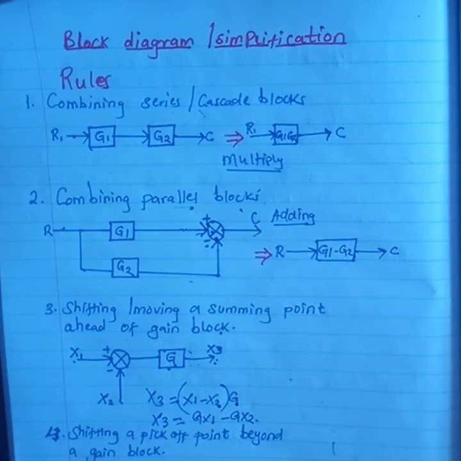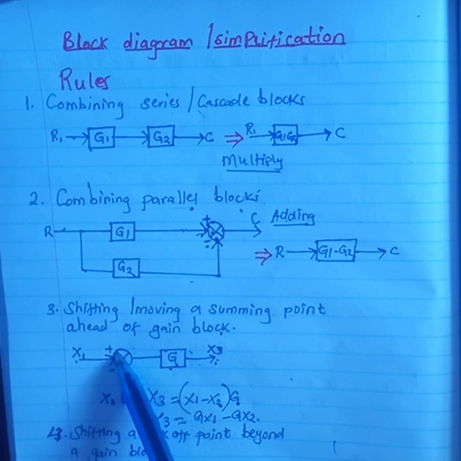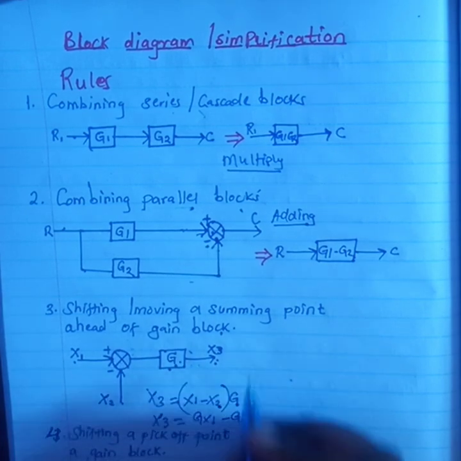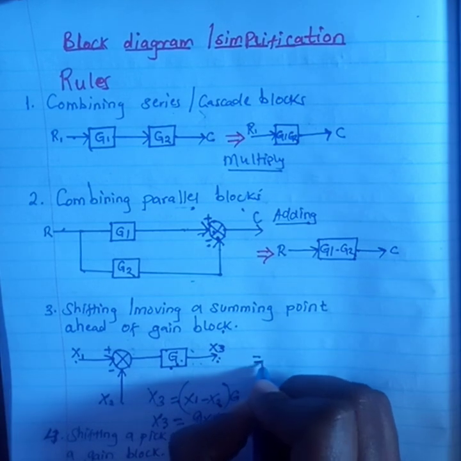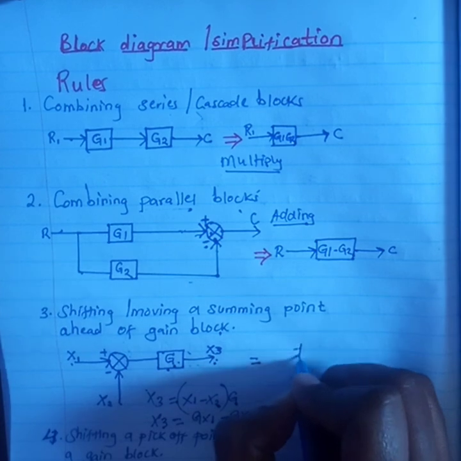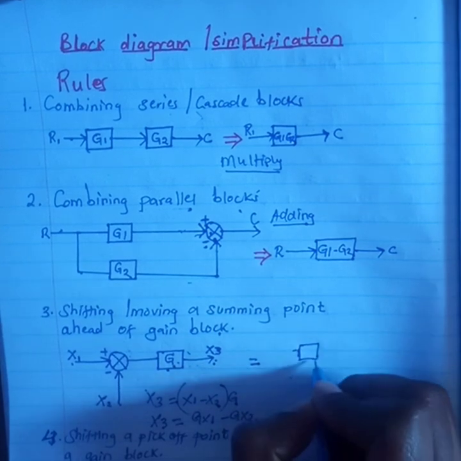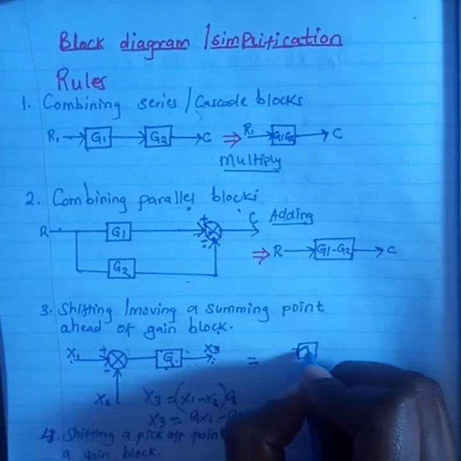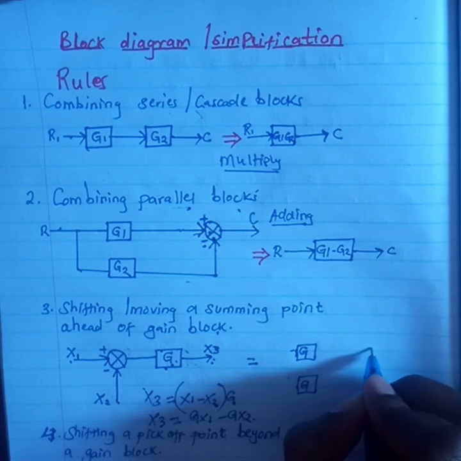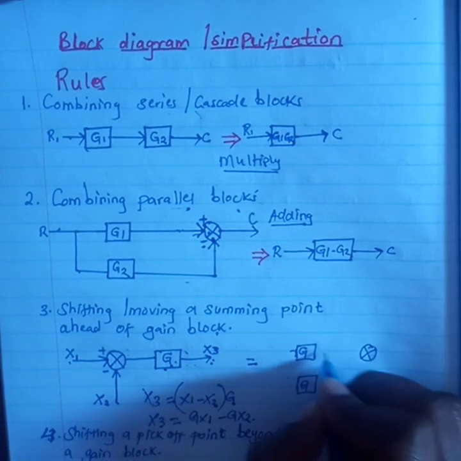So if I'm reducing this block diagram, I can always shift this summing point and bring it ahead of this block. So this is equivalent to having a block here with my G, and another block there, then I put my summing point somewhere here, like that.